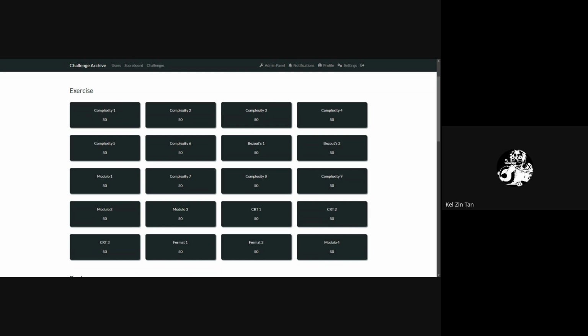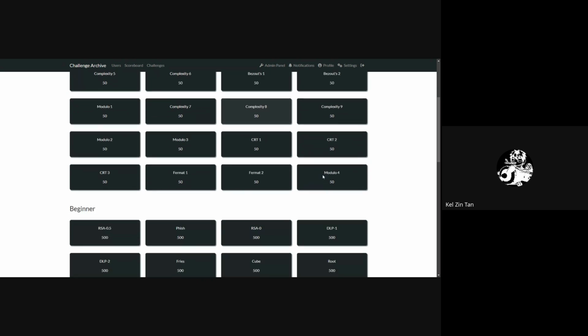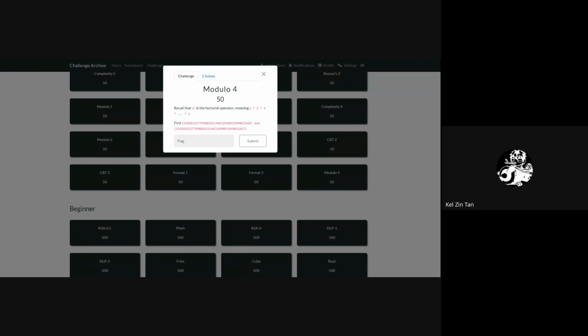Modulo 4. Okay, maybe I'll talk about Modulo 4. So Modulo 4 is basically this thing, where you check that this is a prime number, and this is indeed a prime number, and this is the prime minus 1 with the factorial operation.